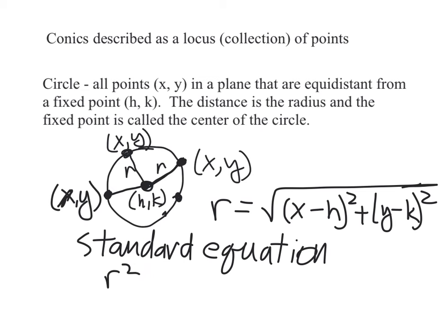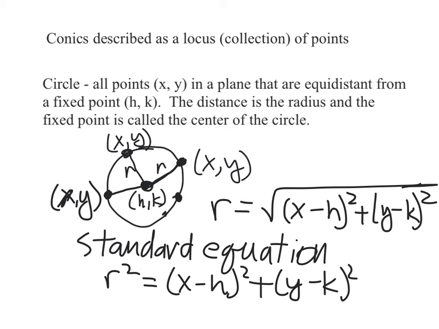We say r squared equals x minus h quantity squared plus y minus k quantity squared, and we use this as the equation for our circle. With this in mind, this is how we will describe and examine the parabola, the ellipse, and the hyperbola in other videos.